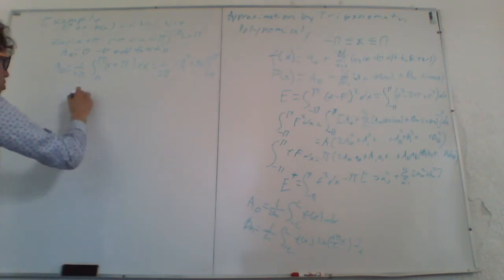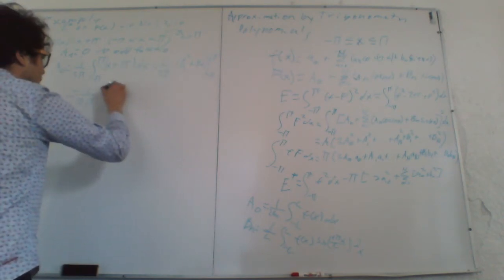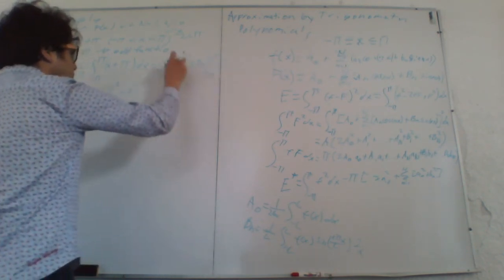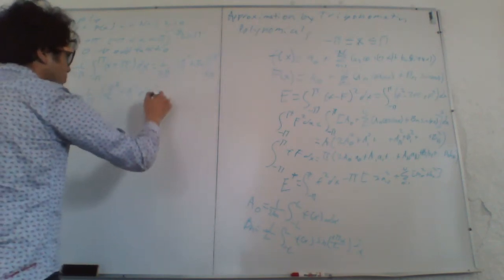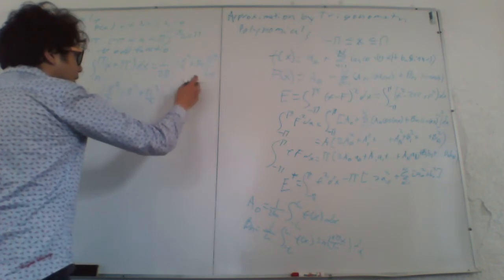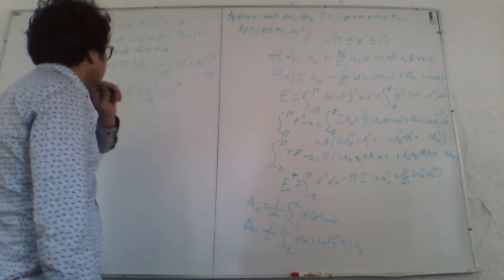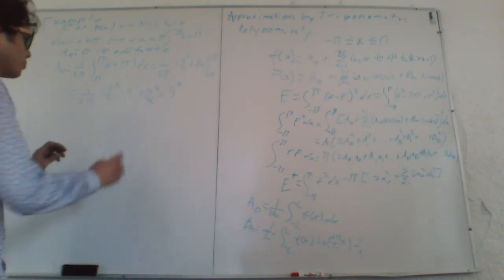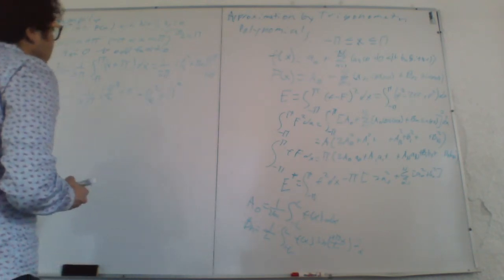So this is equal to 1 over 2 pi times (pi squared over 2 plus pi squared, minus pi squared over 2 plus pi squared), because it's minus plus minus.